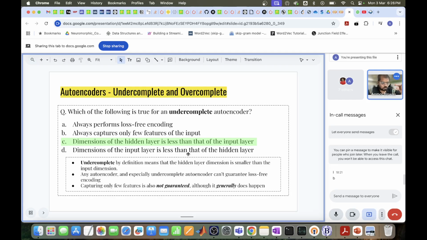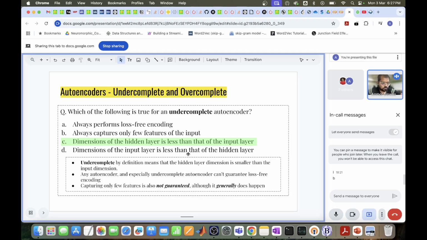That is your undercomplete autoencoder. You train an autoencoder such that the hidden layer has just 50 neurons, and then the decoder obviously has 784 neurons. So this basically is a compression, right?